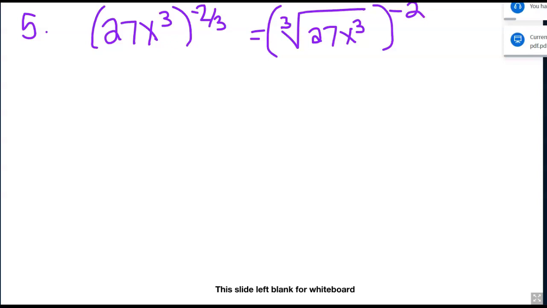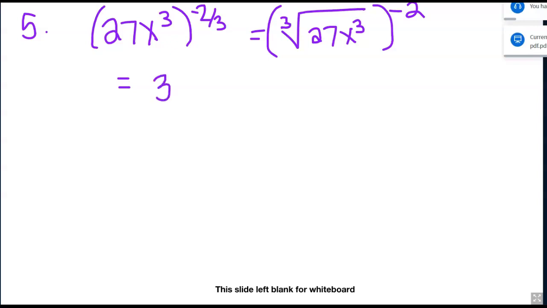Why is the second option more helpful than the first? Well, by writing it the second way, I can use the cube roots and the perfect cubes to simplify, then take something to a negative exponent power. So the cube root of 27 is 3.